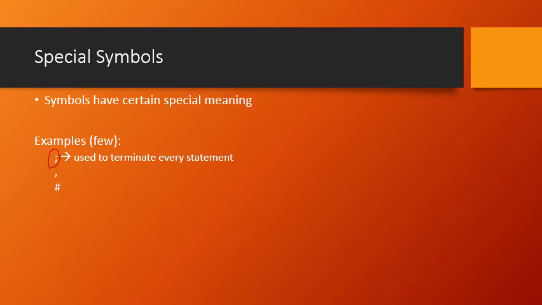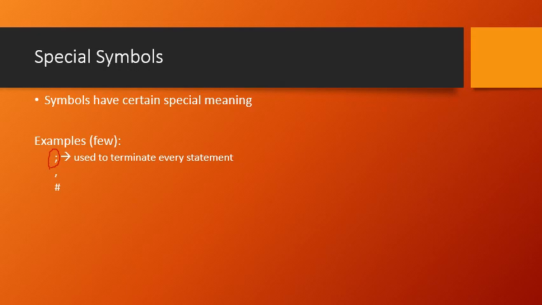Statement in the sense, in C programming we write certain instructions, and those instructions we call statements. If I want to separate the instructions, then I need to provide the semicolon. Whenever I write this semicolon, it indicates that that particular instruction is terminated there, it is ending there. So to do that, I should use a symbol called a semicolon. Then there is a comma.